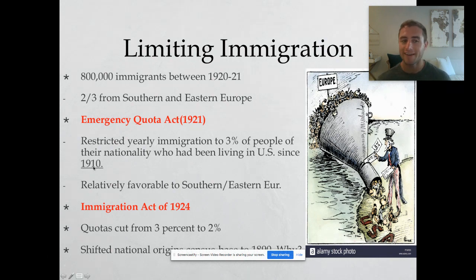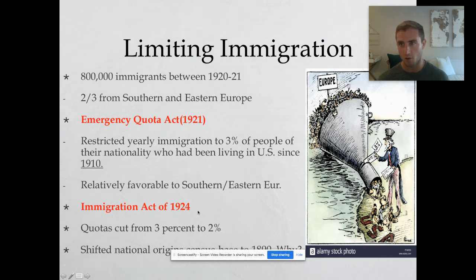But if you pick 1910, which this first Emergency Quota Act did, there have been new immigrants coming into the country for 30 years. They first started coming in around 1880. And so this is relatively favorable to people from Southern and Eastern Europe. That changes 3 years later with the Immigration Act of 1924. This stifles immigration much more.